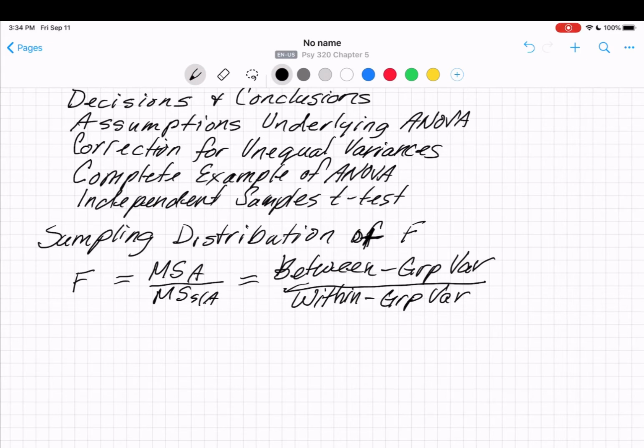And also to remind you, if F is close to 1, that supports the null hypothesis and this idea that there's no treatment effect present.